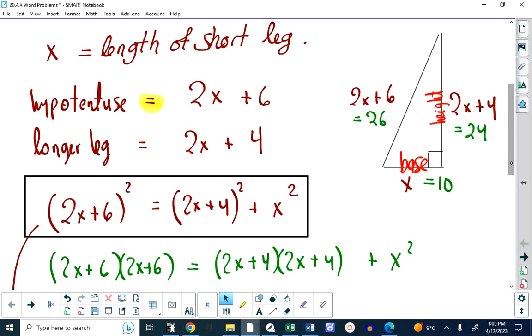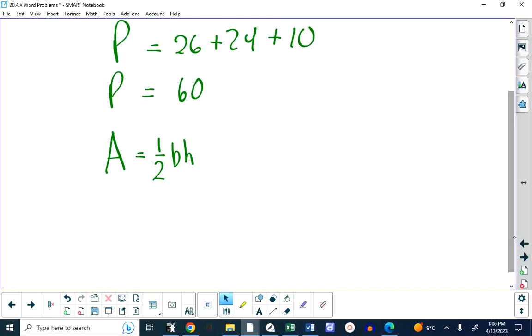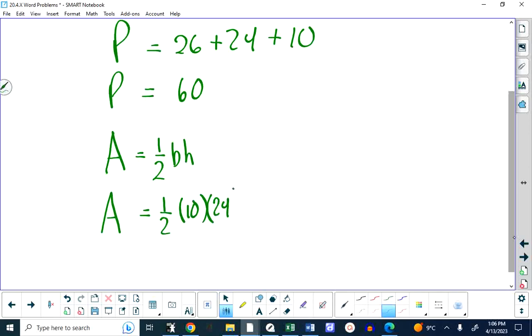The base and the height have to be perpendicular to each other. So 1/2 the base times the height gives us 1/2 times 10 times 24. I believe that gives us 120 square units. Just double check. I'm pretty sure that's right. Yeah, that's good.